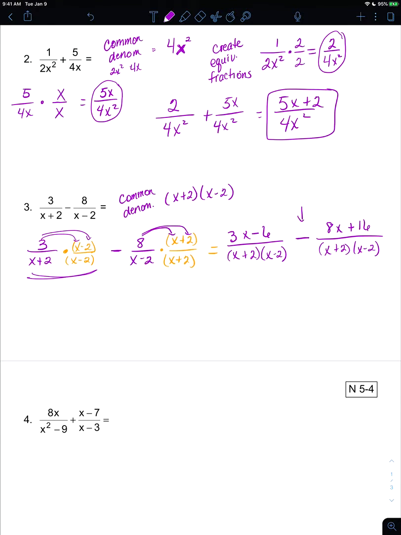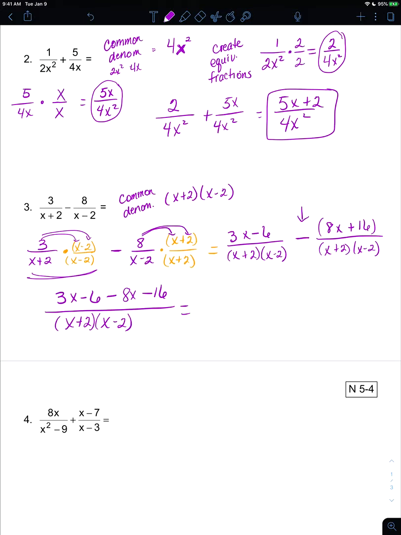Okay, so remember again, this is a subtraction, which means we have to distribute this negative sign to both of those terms. So 3x minus 6 minus 8x, minus 16 all over that common denominator of x plus 2, x minus 2.